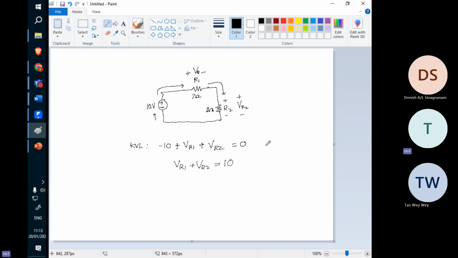So actually, adding these two together is 10 ohm. So based on Ohm's law, the current flowing through the circuit, because there's only one loop here and only one current, we can use the fundamental equation, V = IR.